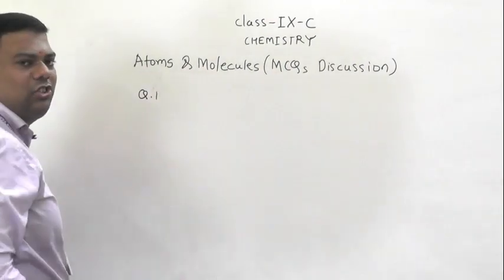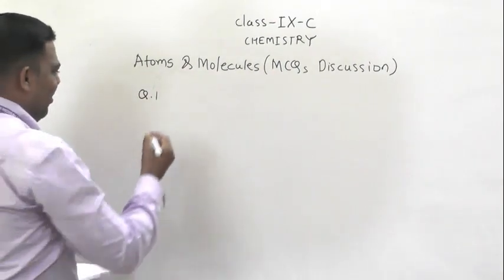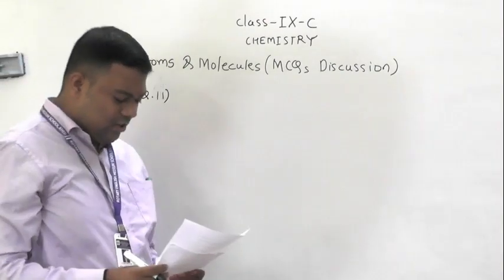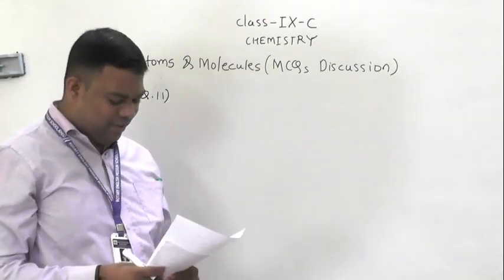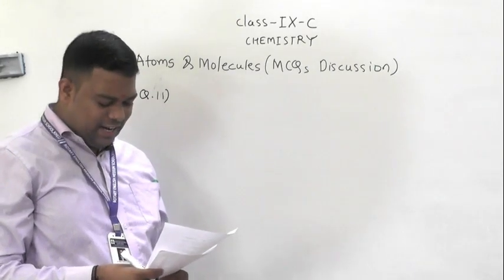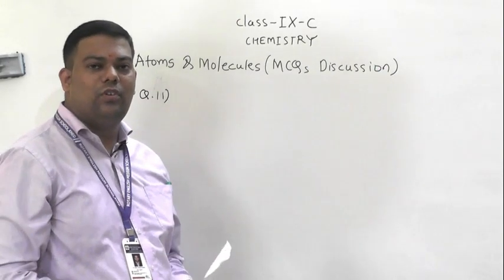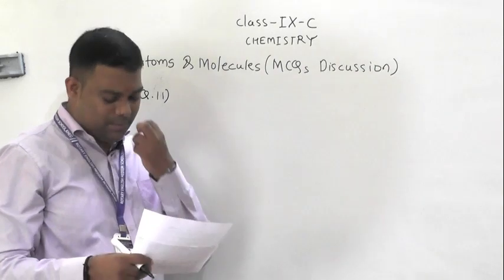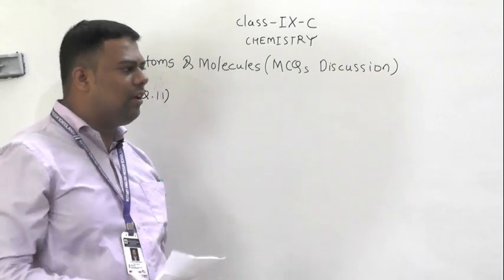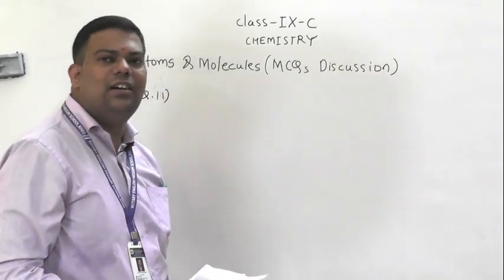Next, question number 11. Calculate the number of moles present in 4.9 gram of H2SO4. Here you must know the molecular mass of sulfuric acid.